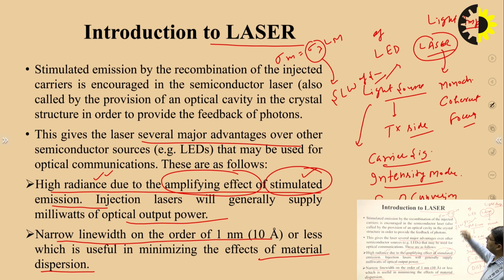So the material dispersion is directly proportional to the spectral line width of the source. In the case of laser, the spectral line width is less, so the chromatic dispersion effect is also less. Whereas in the case of LED, sigma lambda is higher, so the material dispersion will also be higher.